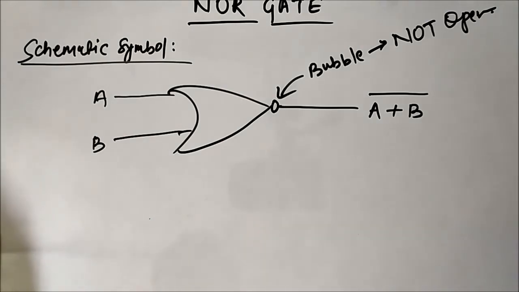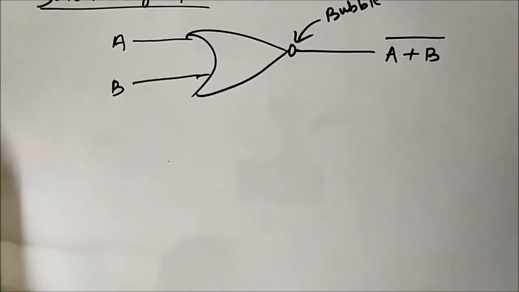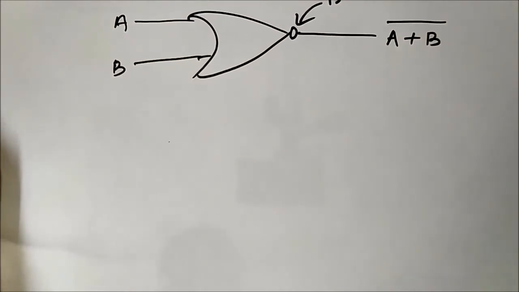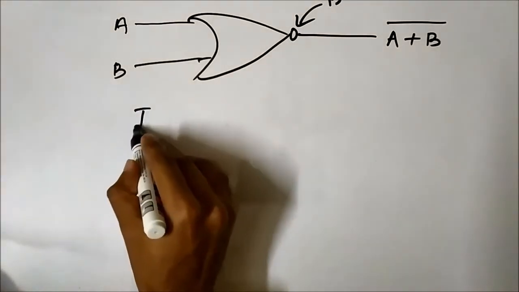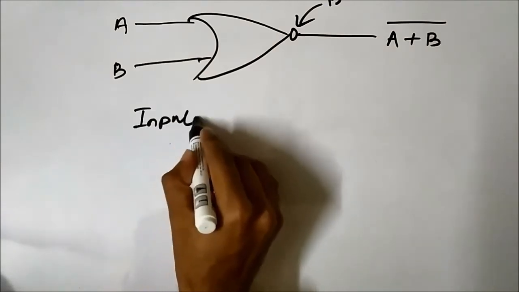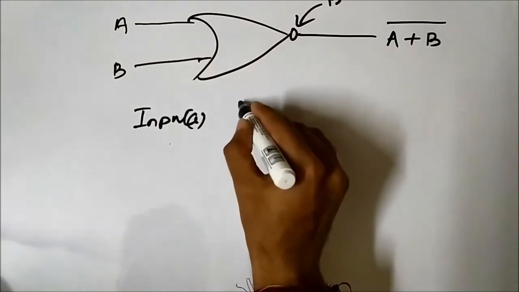So now let us discuss the truth table of the NOR gate, the input output relationship of the NOR gate. There are two inputs and one output.